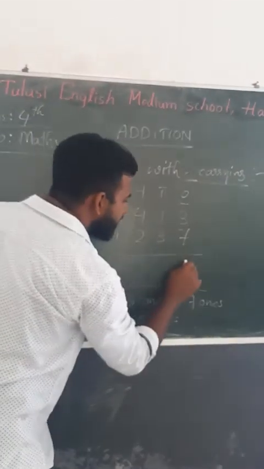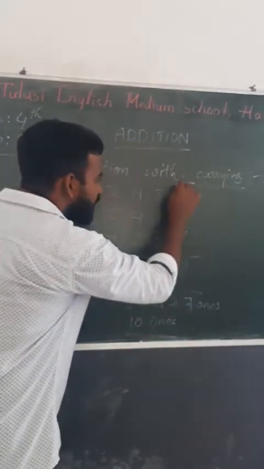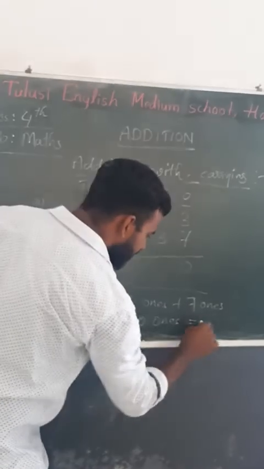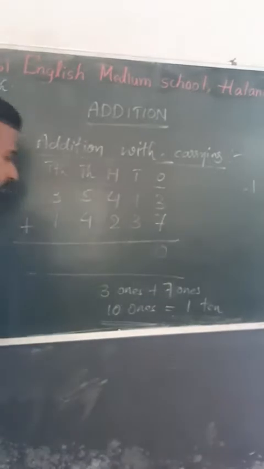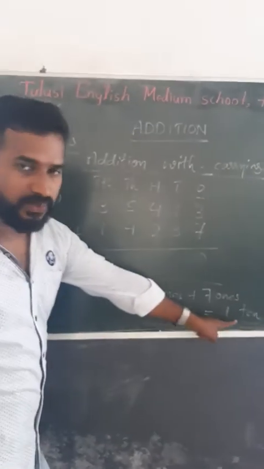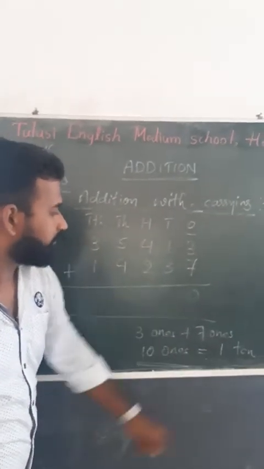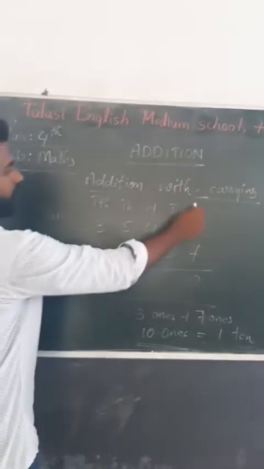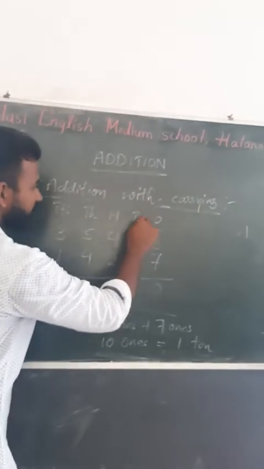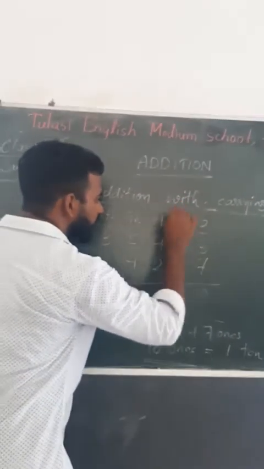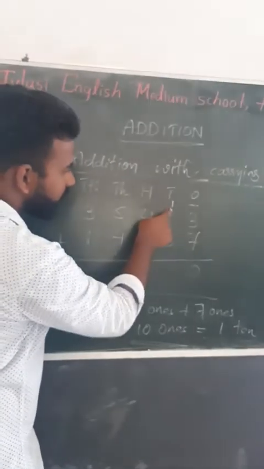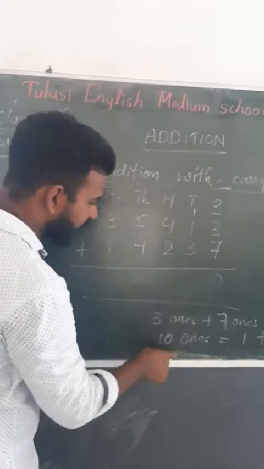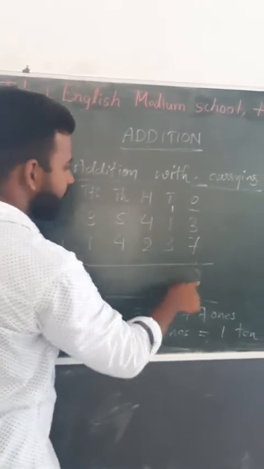So I am writing 0 here, and I am making that 10 ones as 1 ten. So I am writing 1 here. So this 1 ten is equal to 10 ones.